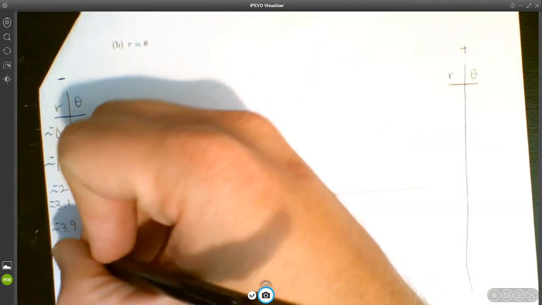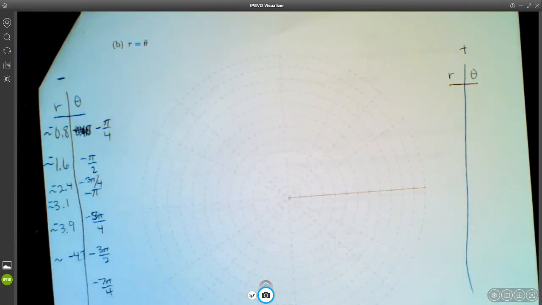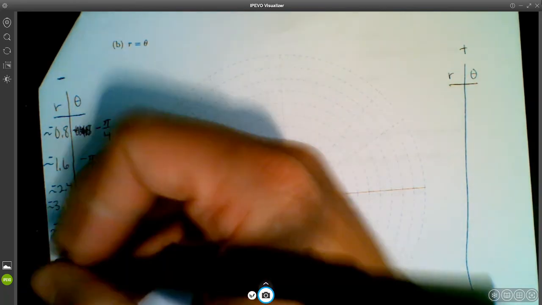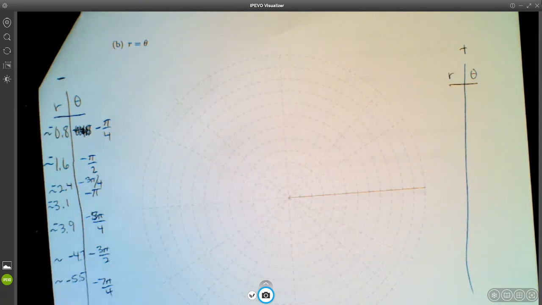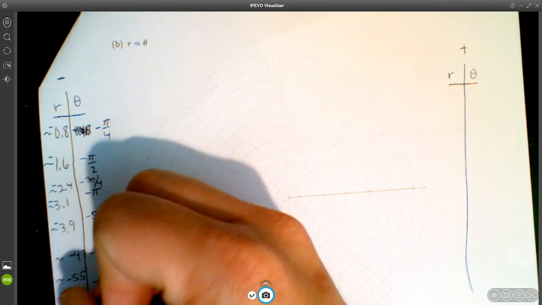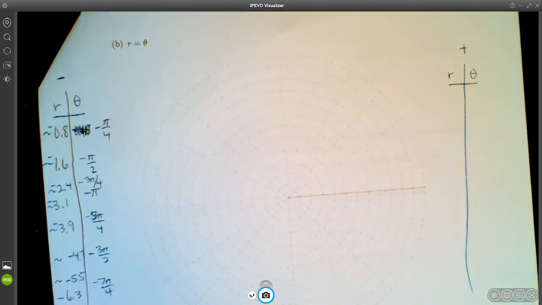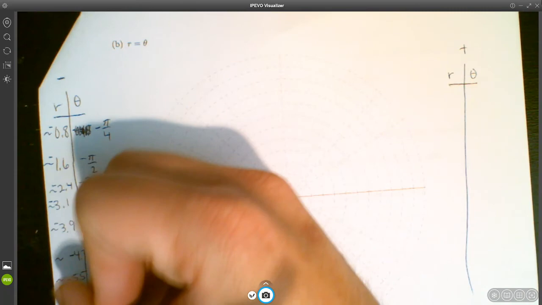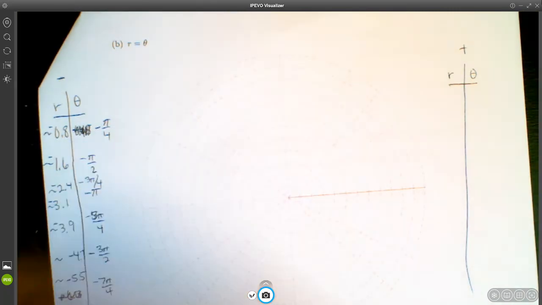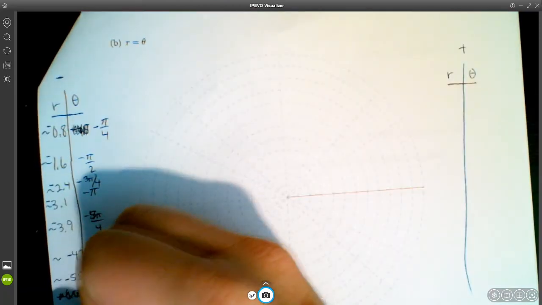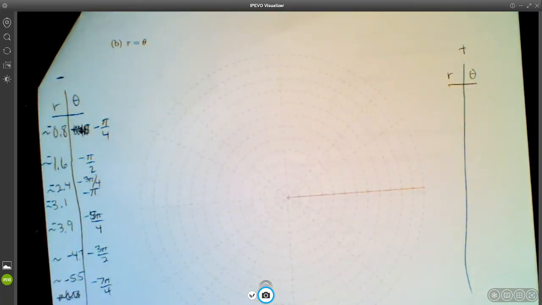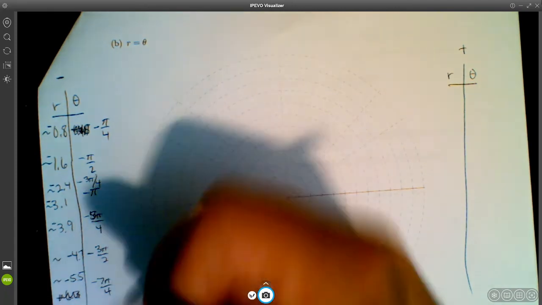This is about negative 4.7. 7 pi over 4 is negative 5.5-ish. 2 pi is about negative 6.3. 3 pi is about negative 9.4. 4 pi is about negative 12.6.